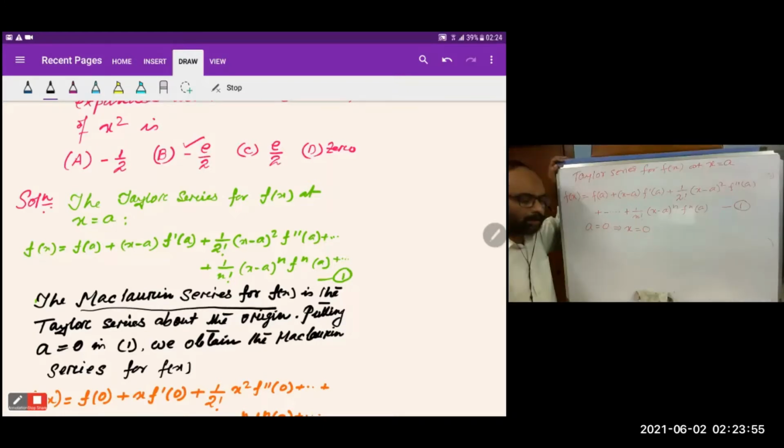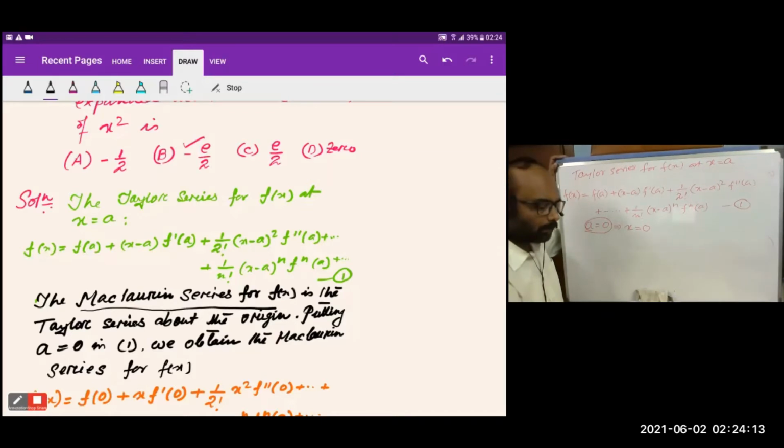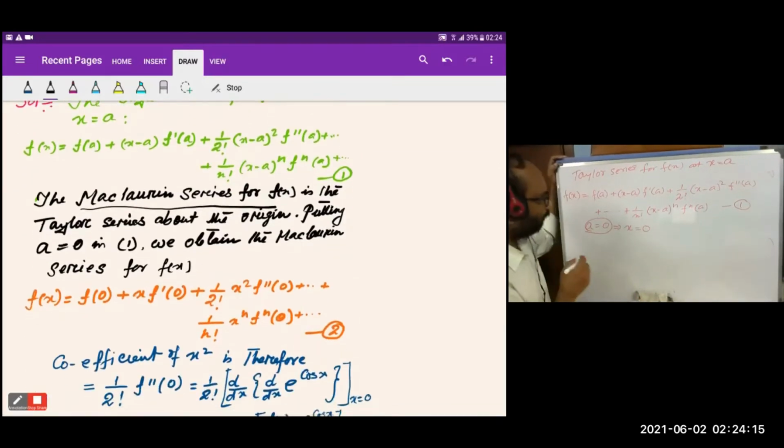The Maclaurin series for f(x) is the Taylor series about the origin. x equal to 0 means about the origin. So putting a equals to 0 in 1, we get the Maclaurin series for f(x).